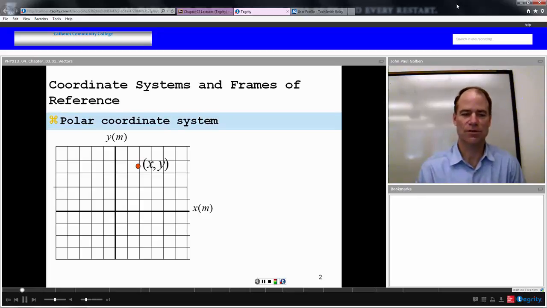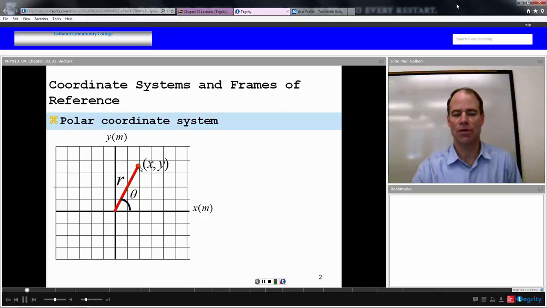Take a look at this graph here. We have a Cartesian coordinate system, and we have labeled a point, x and y, based on its coordinates for the Cartesian coordinate system. I can draw a line from the origin to that point, and the length of that line I'm going to call r, and the angle of that line from some reference point, say the positive x-axis, I'm going to call theta.